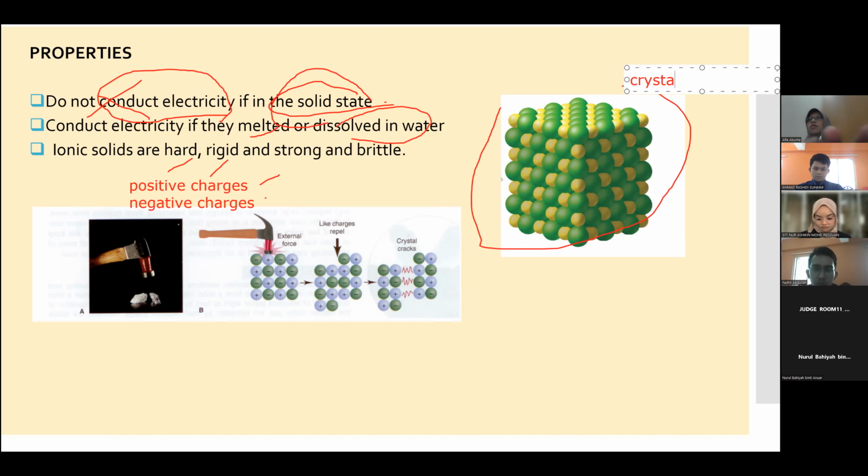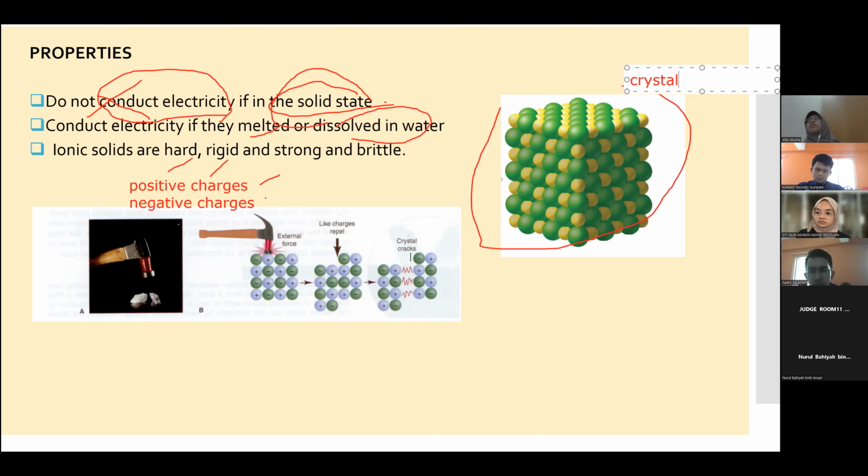Because they make an arrangement structure, an arrangement geometry as a crystal, they are so hard. These are hard properties, rigid properties, and strong properties.